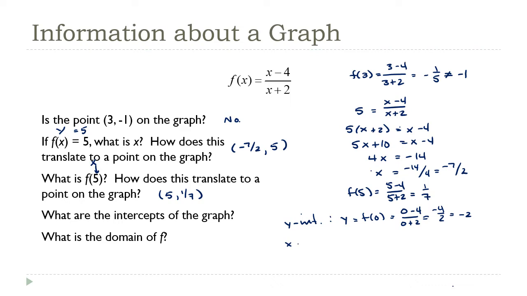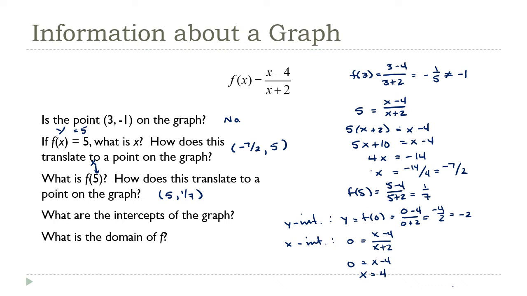And to find the x-intercept, we set y equal to 0. So the equation will be 0 equals (x - 4)/(x + 2). And again, just like we did up there when y equals 5, multiply by x + 2. 0 equals x - 4, so x equals 4.